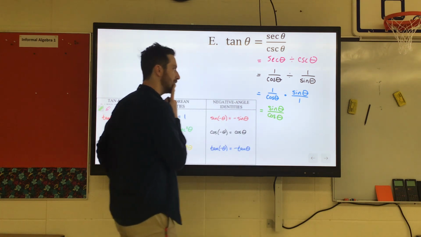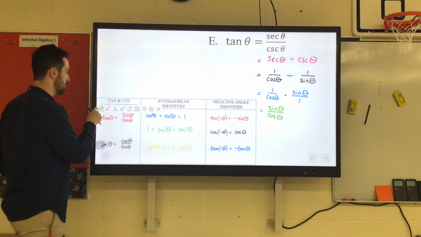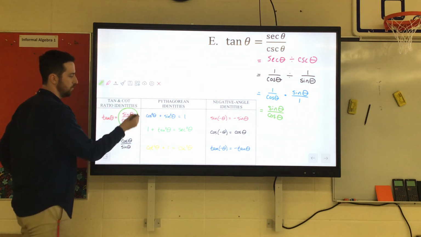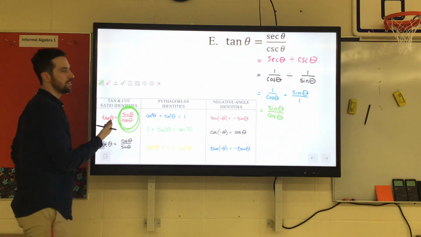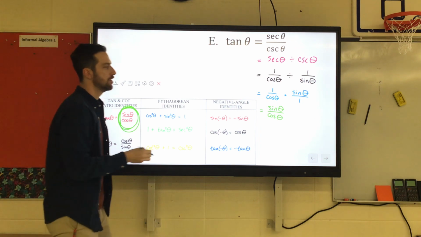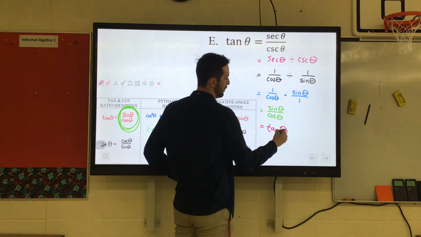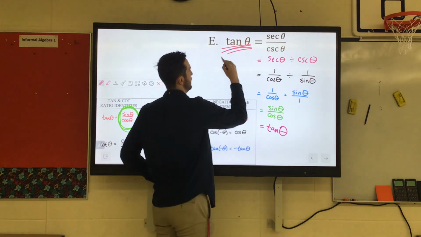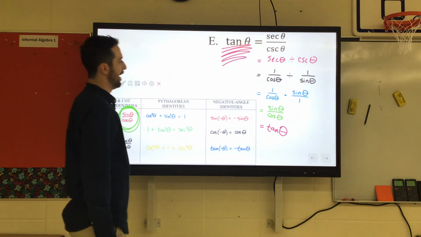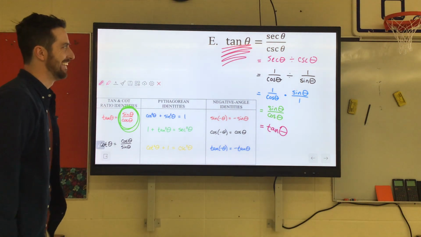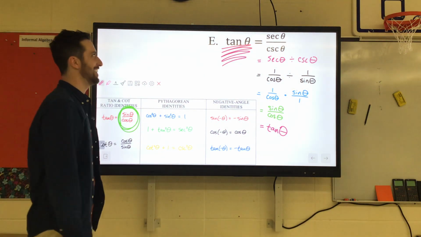I recall seeing sine of theta over cosine of theta somewhere else. Oh, it's equal to tangent, which happens to be what we want it to be. Wow. This is a true delight.